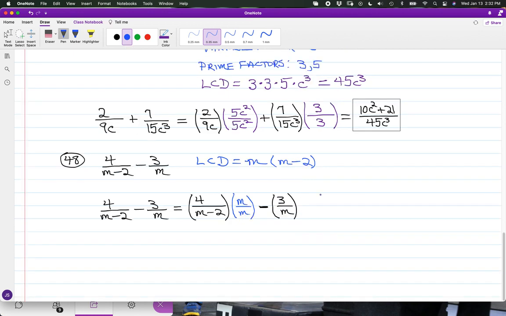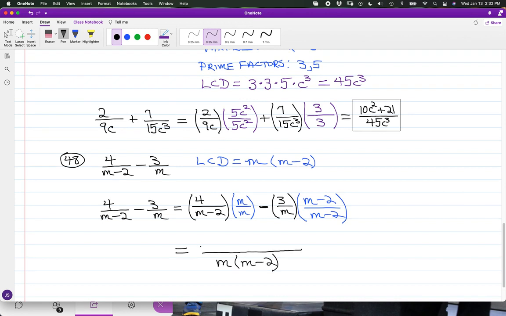This one has the m factor, but it is missing m minus 2. So both denominators are in the form of m times the quantity of m minus 2. Then we have 4 times m.